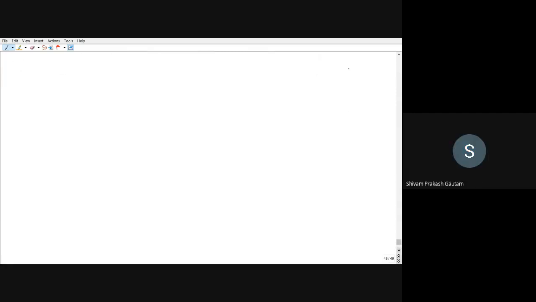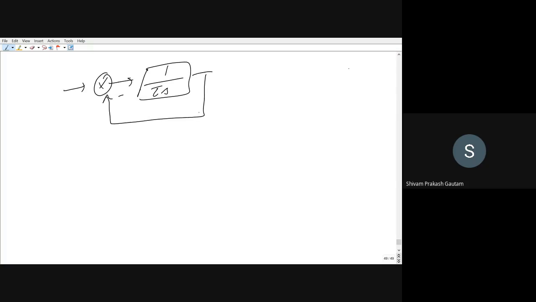Now we will see. We have already seen what we have seen till now. This is the first order system, 1 upon tau s, with unity feedback. What is R of s and C of s?